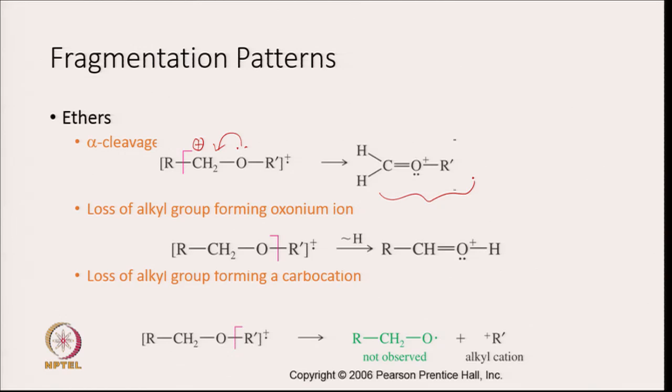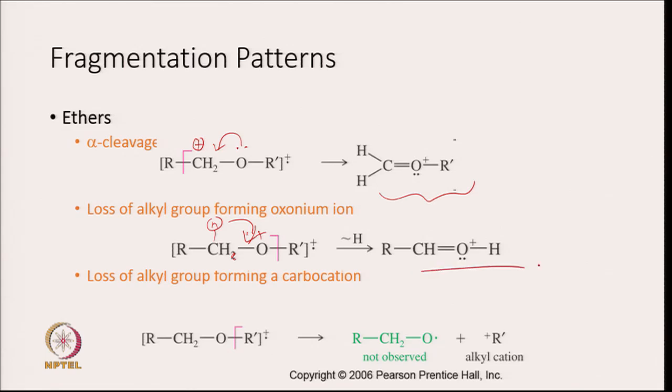Loss of an alkyl group forms an oxonium ion, and so if there is a loss here, then there will be O plus, a plus here, and then there will be loss of one H here and you will get this oxonium ion.